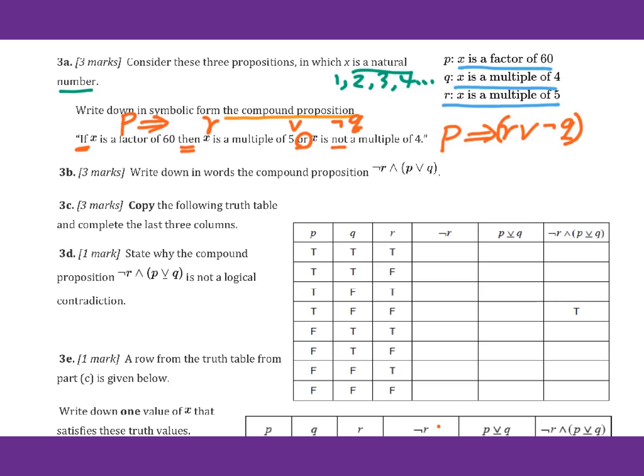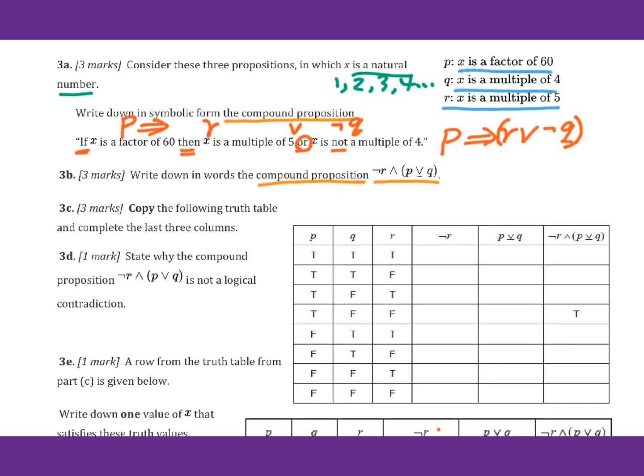Write down in words the compound proposition, this one. First of all, you need to know the meaning of symbol. This will be not. This is and. Or, but, not both.